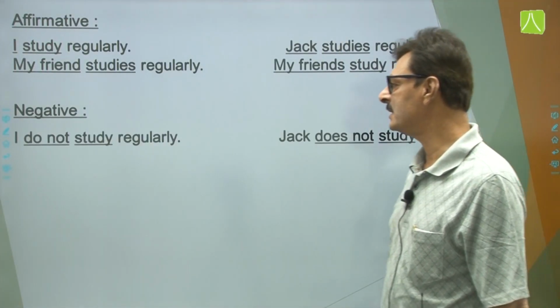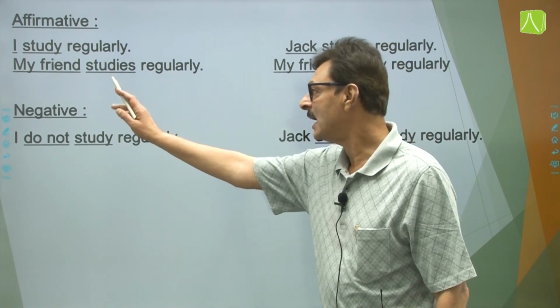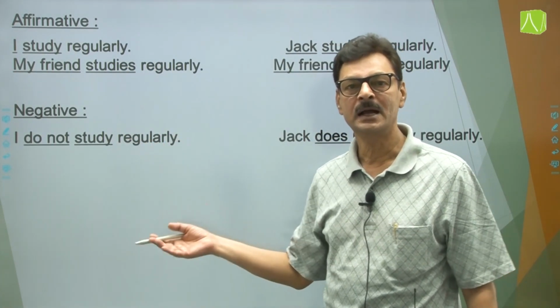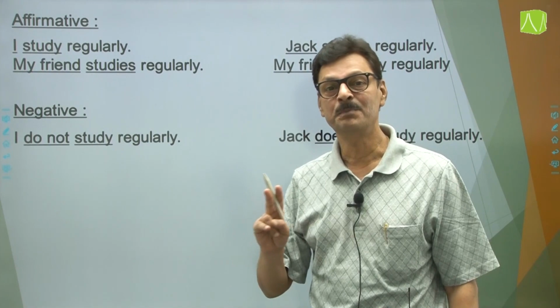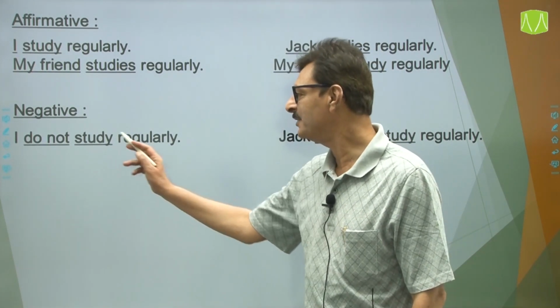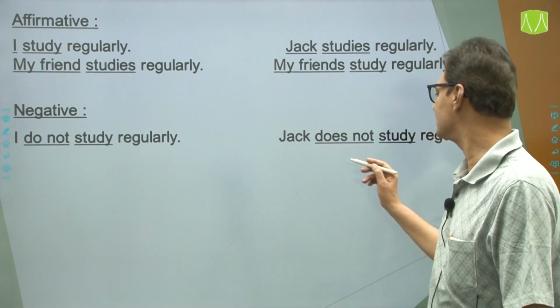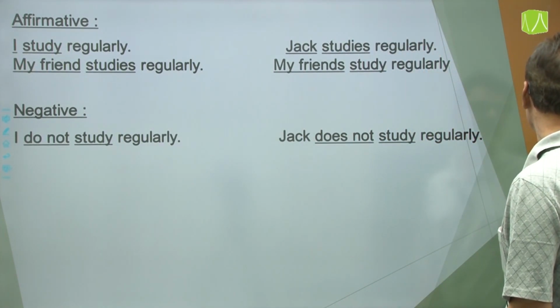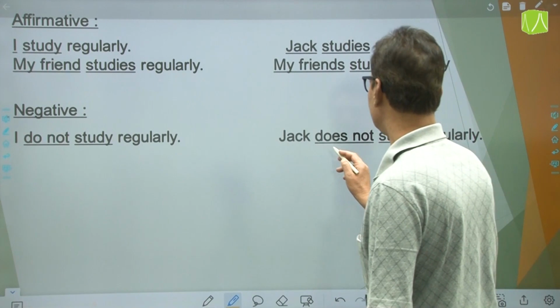Moving on to the negative sentence. I study regularly, उसका नेगेटिव हो जाएगा I do not study regularly. आप प्लीज ये मत करना, आप तो रेगुलरली स्टडी करना. I do not study regularly. Jack does not study regularly. Now this is the place आपको ध्यान रखना है.